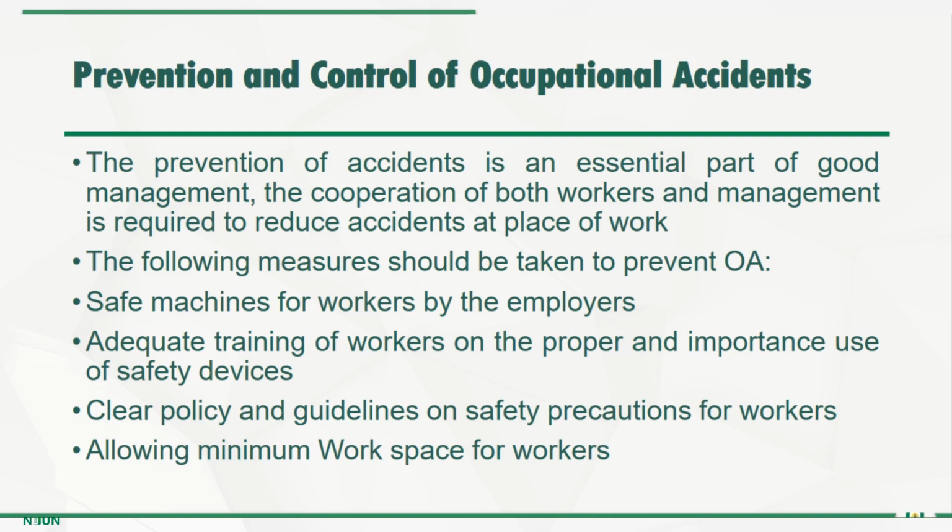Therefore, the following measures should be taken to prevent occupational accidents. Safe machines for workers by the employers. Adequate training of workers on the proper and important use of safety devices. Clear policy and guidelines on safety precautions for workers. Allowing minimum workspace for workers.